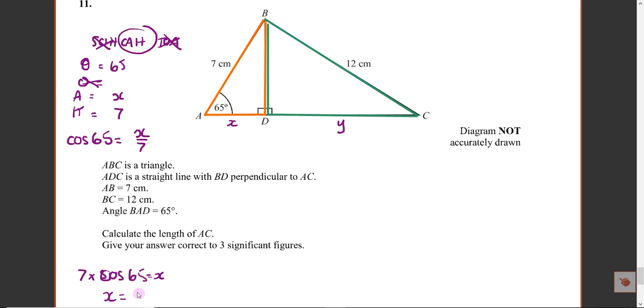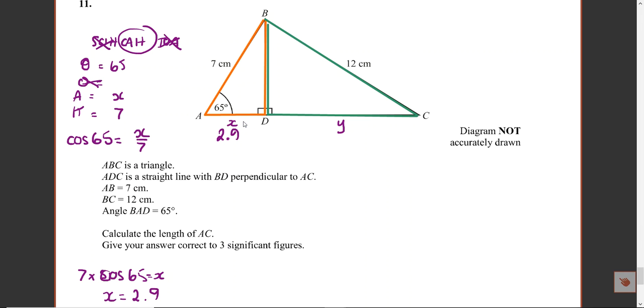It's 2.9. So what I'm going to do is write this down as 2.9.